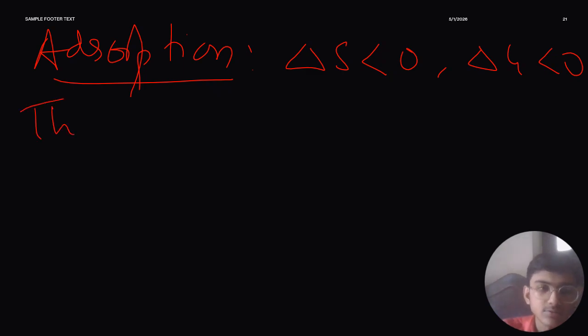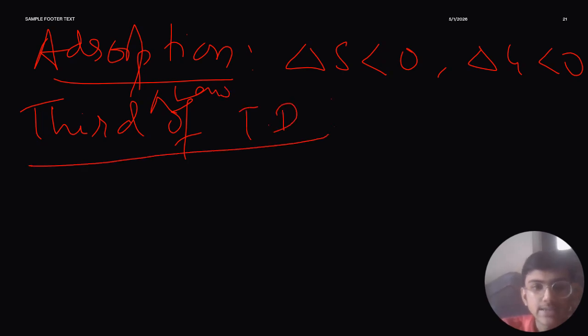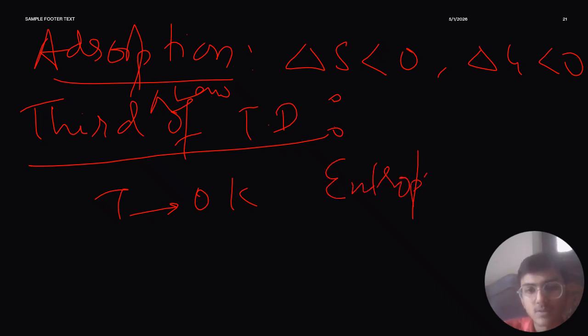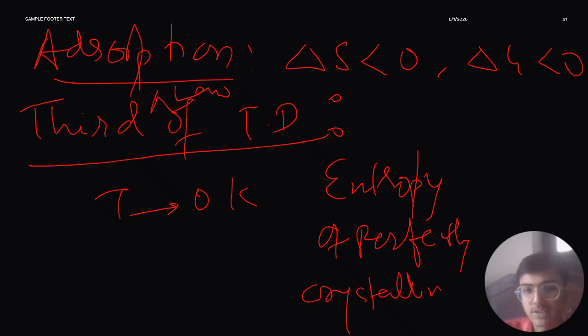Now we are at the last part of today's class, the third law of thermodynamics, just a basic intro. It says that when temperature is reaching 0 Kelvin, the entropy of a perfectly crystalline solid also tends to 0. What is crystalline and what is amorphous, we'll discuss later in the solid state chapter.